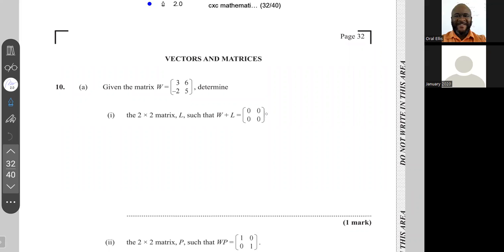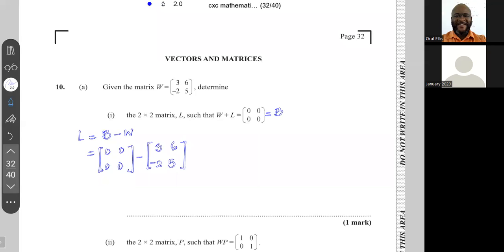So I'm going to call this matrix B. So W plus L is equal to B, which means that L would be equal to B minus W. So B would be 0, 0, 0, 0 minus W, which is 3, 6, minus 2, 5.